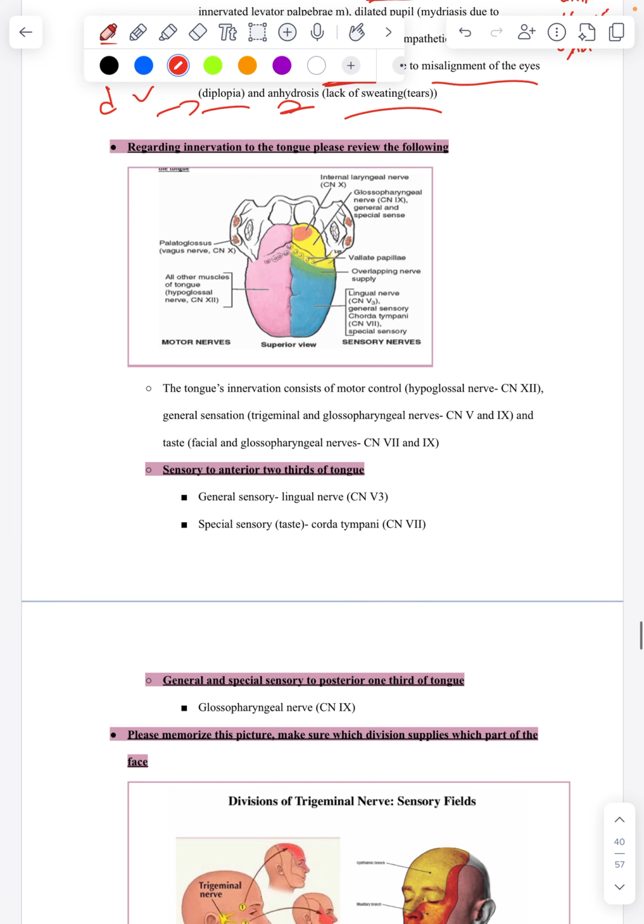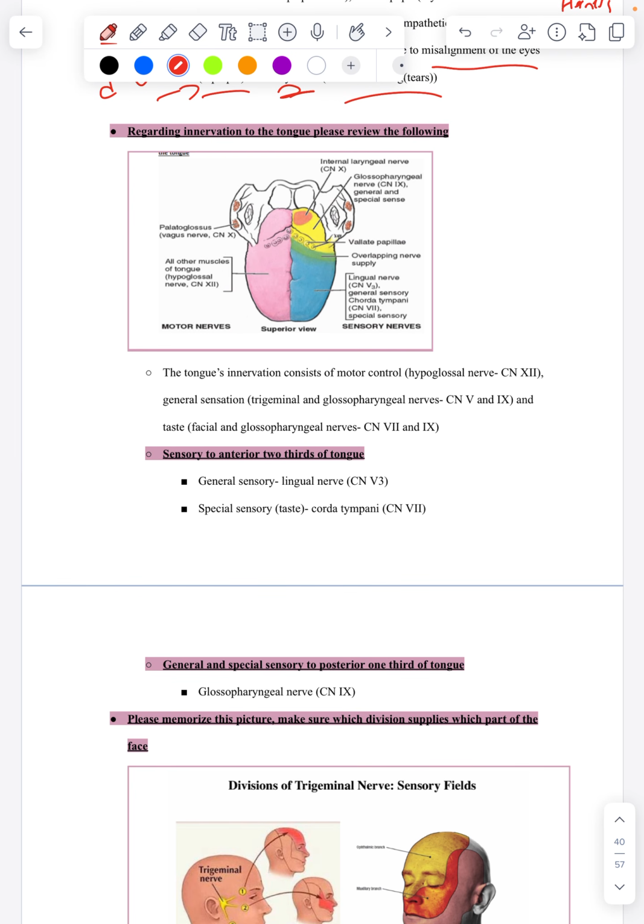Okay. Now, for the tongue, we have anterior 2/3 of the tongue, and then posterior 1/3. You can have general sensation, which is just you feel something on your tongue. But then the special sensation is taste.